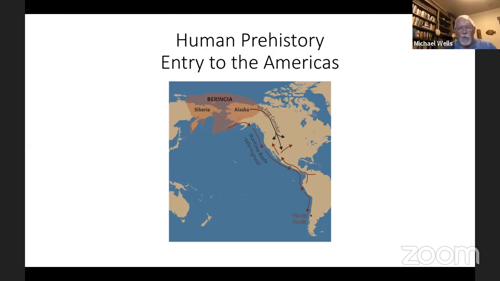Now, one of the reasons that this theory developed was that the oldest human settlements in the New World aren't in North America. They're not in Alaska. They're not in Canada. They're in South America, in Monte Verde, which is in Chile. And so we have archaeological remains that are older in southern South America than we do in northern North America.